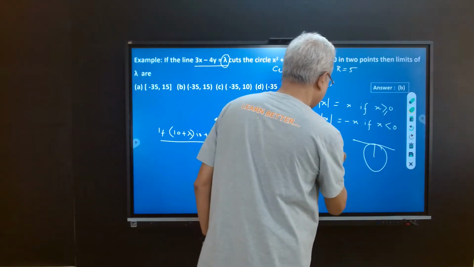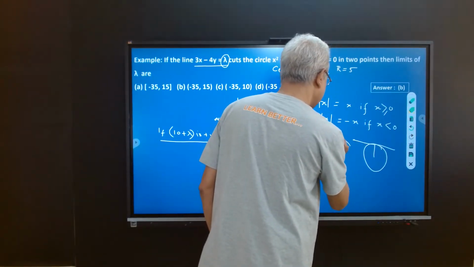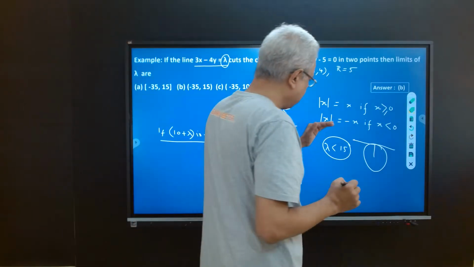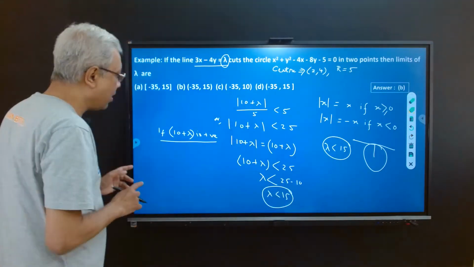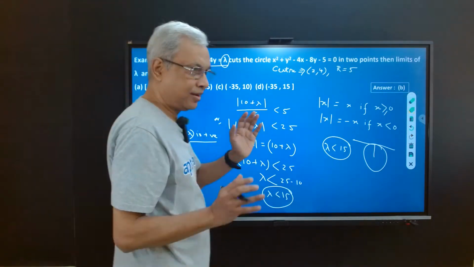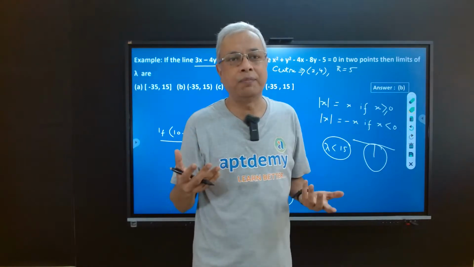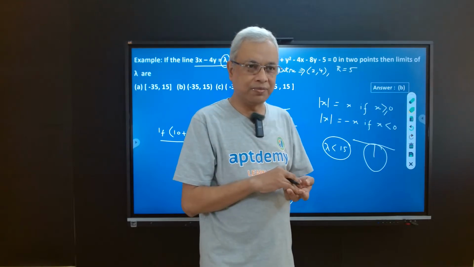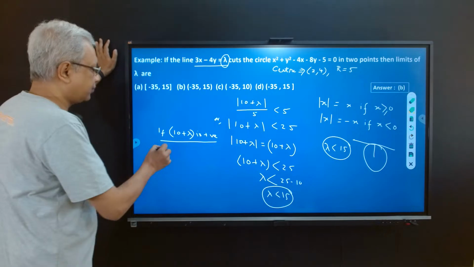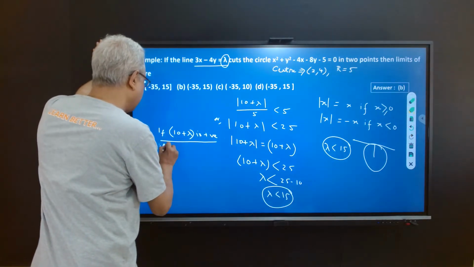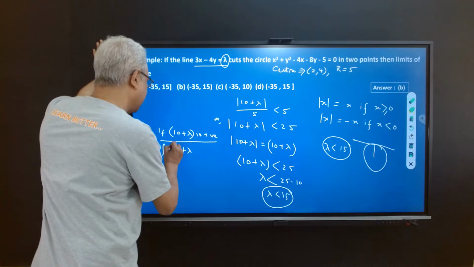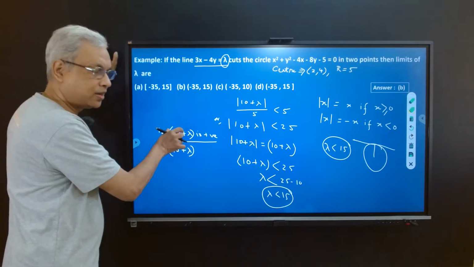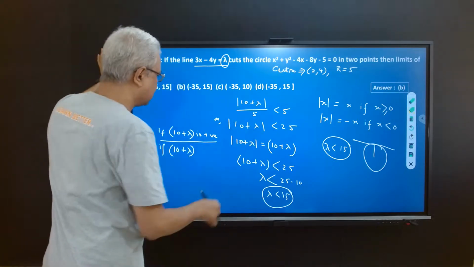Lambda is less than 15. This is the condition. Now, any number is either a positive number or a negative number. So if 10 plus lambda is positive or 0, then we can write like this.